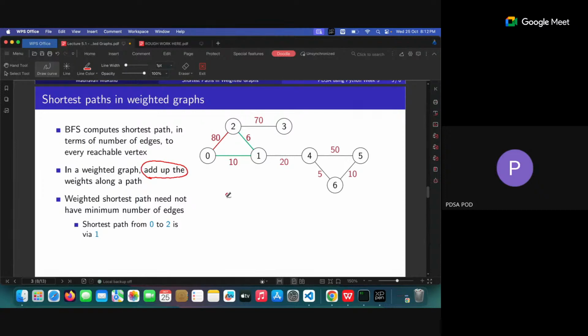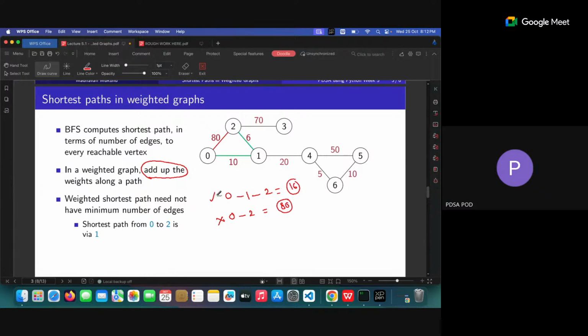We can go 0 to 1 and 1 to 2, which is the first path, and we have a direct path from 0 to 2. But the direct path has a cost of around 80, so we don't consider that one. We consider this path only, even though the number of edges is 2. I hope you got it.